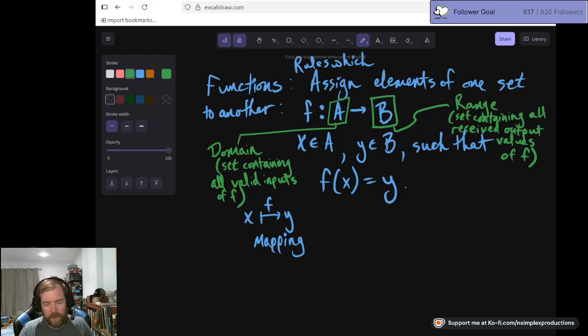I find it more helpful to state for the domain and range the minimal set, with only all valid inputs of f for the domain and only all received output values for the range.